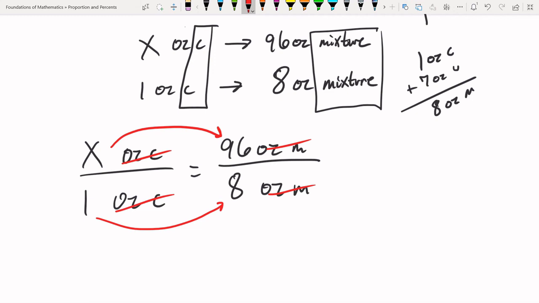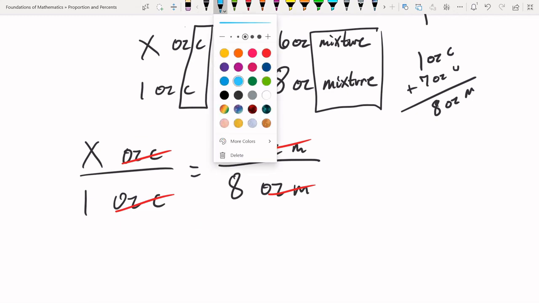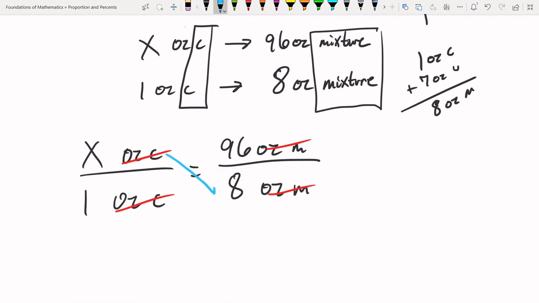Now we can use the cross multiply and divide process. X times 8, 1 times 96. X times 8 is 8x. 1 times 96.